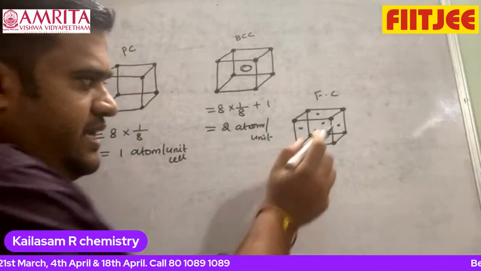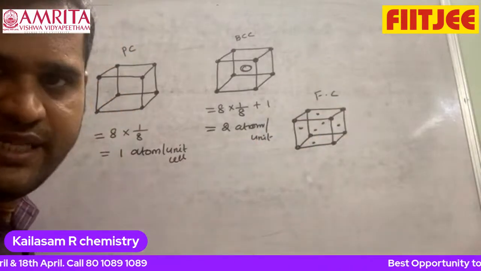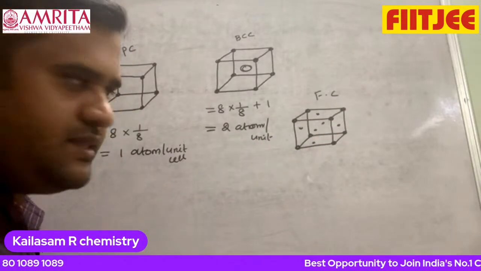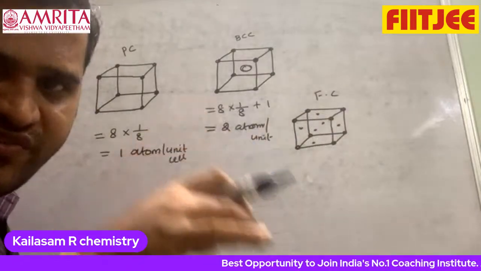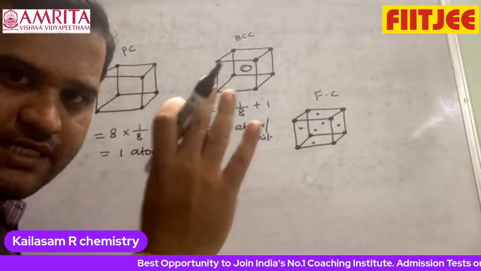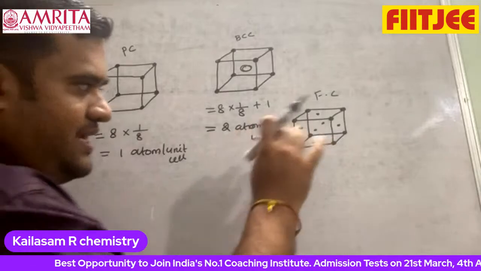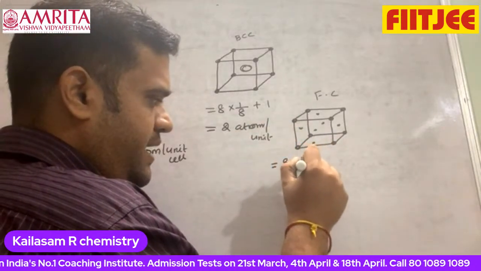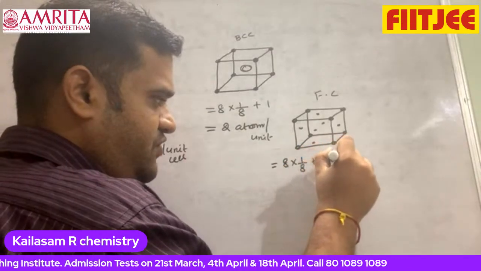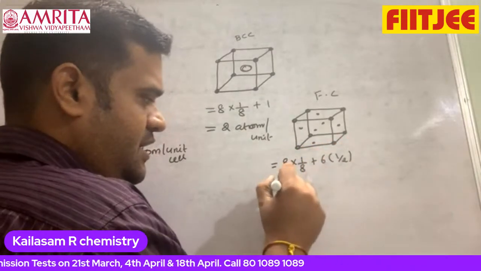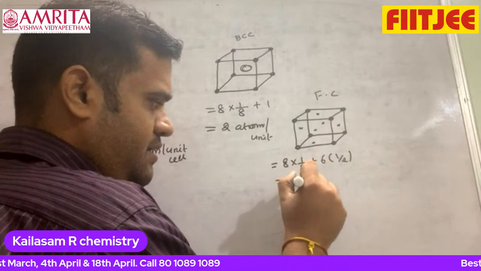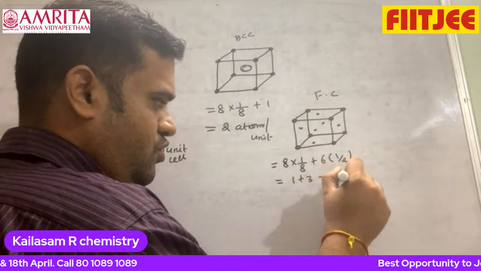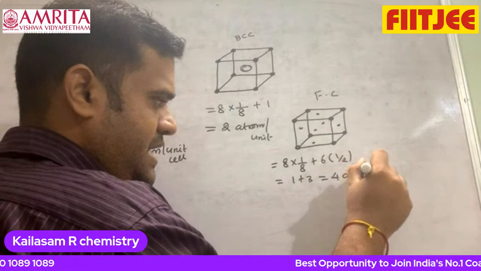Each face is shared by half of the unit cell. There are 6 faces, and each face shares 1/2. Now I can write it as 8 corners, 8 into 1/8, plus 6 faces, each face shared by half of the unit cell. Therefore, 1 plus 3 is equal to 4 atoms per unit cell.